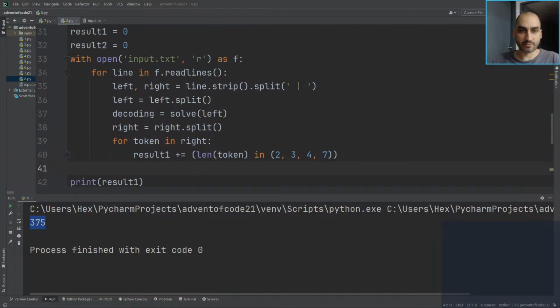So what is the ultimate thing they want us to compute here? Decode the 4-digit output values. What do you get if you add up all of the output values?